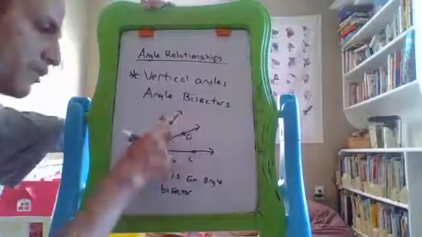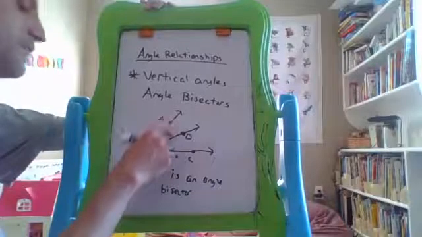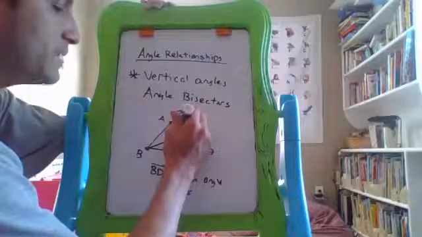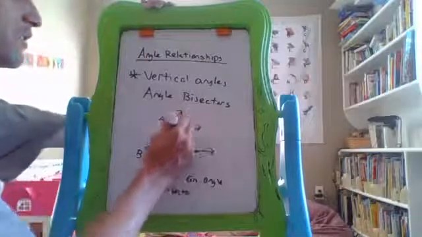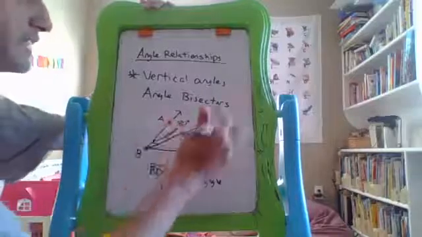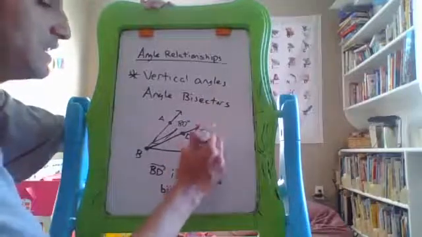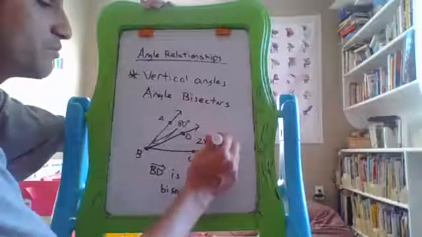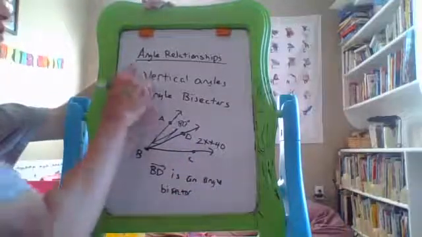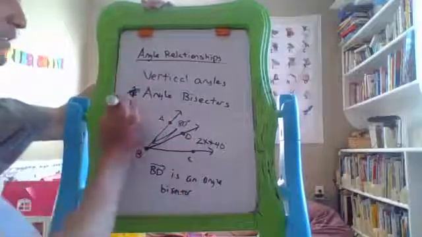So if this is 30 degrees, this is 30 degrees. If this is 50 degrees, this is 50 degrees. So let's say, for instance, that ABD is 80 degrees. I just can't really make it nicely, but that's 80 degrees. Let's say DBC is 2x plus 40. If I am now working with angle bisectors, what I'm going to do is set these equal.